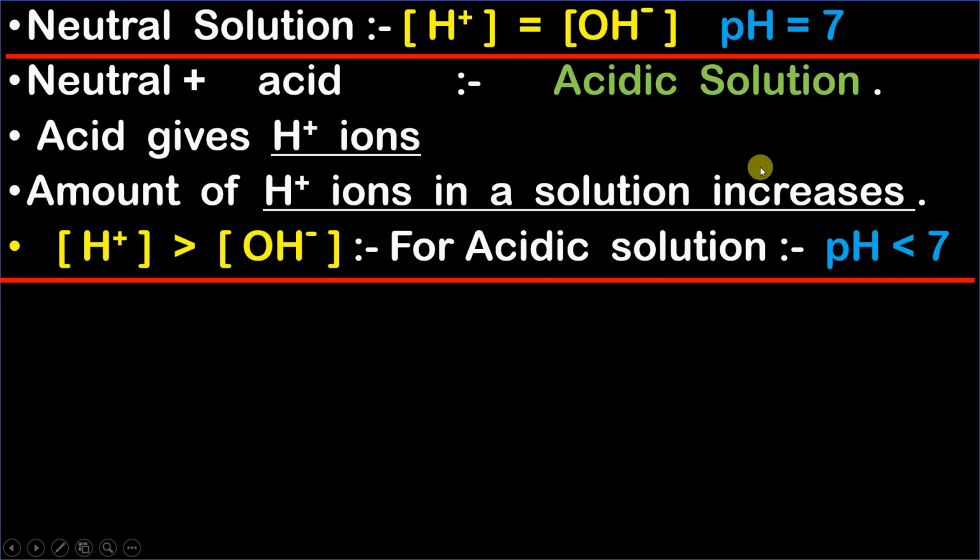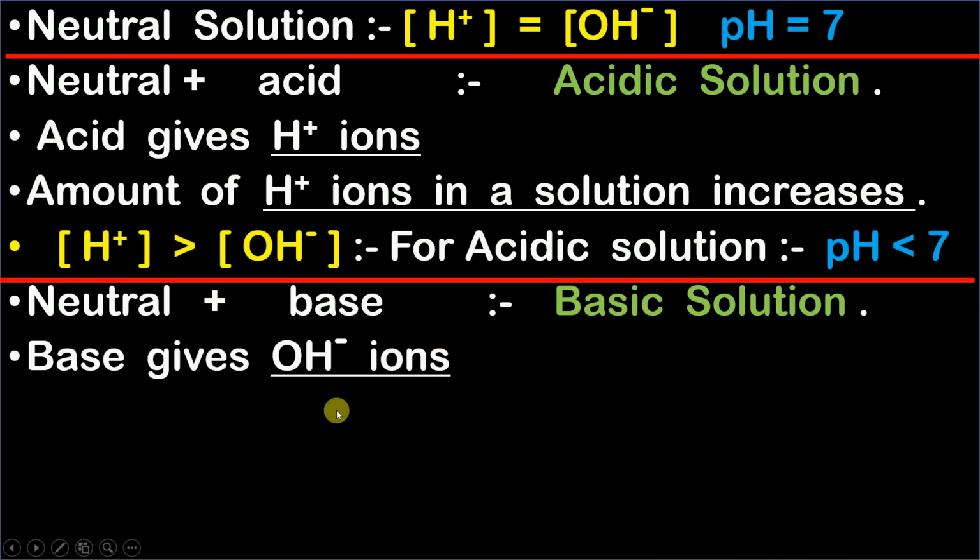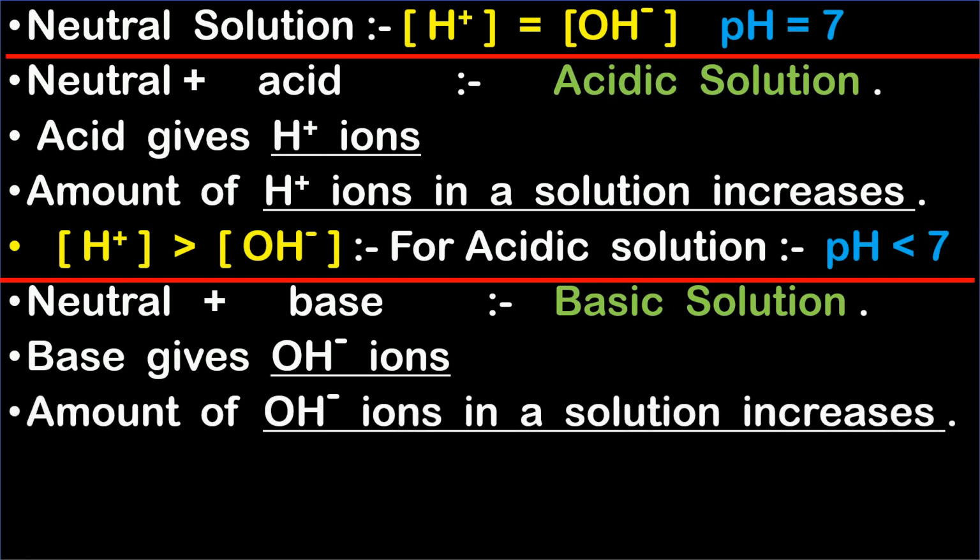Now, moving on, we'll understand what happens if we add a base to a neutral solution. If we add a base to a neutral solution, it is obvious that the solution will become basic. But why is it so? Because when we add a base, the base dissociates and gives us OH minus ions. As the base gives us extra OH minus ions, the amount of OH minus ions in the solution increases.